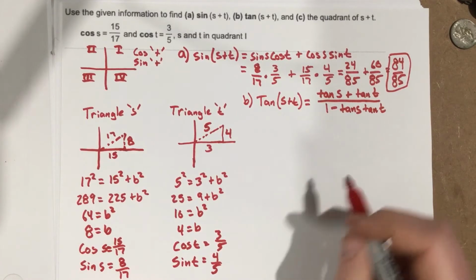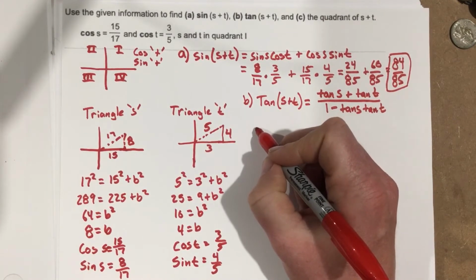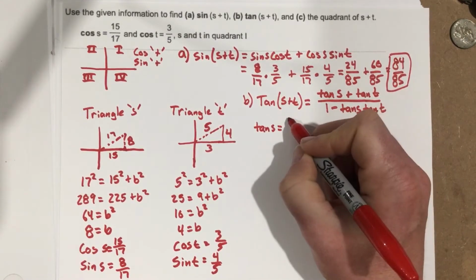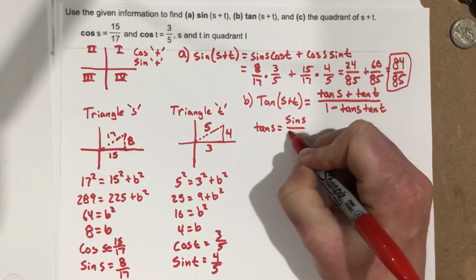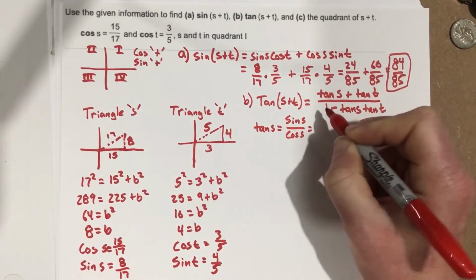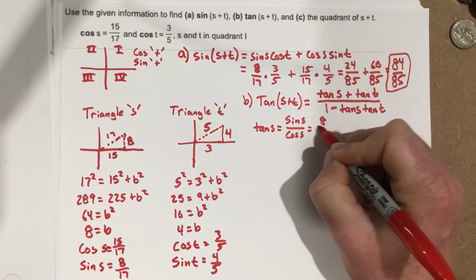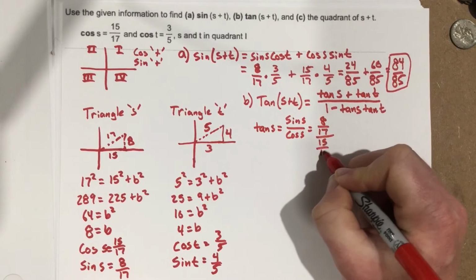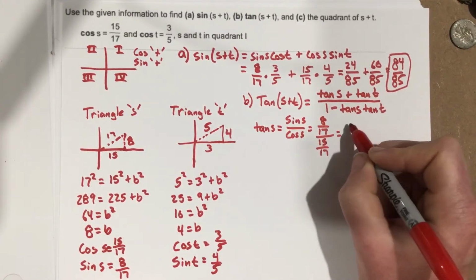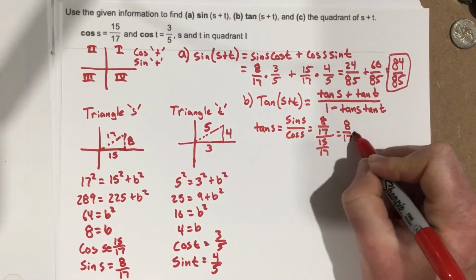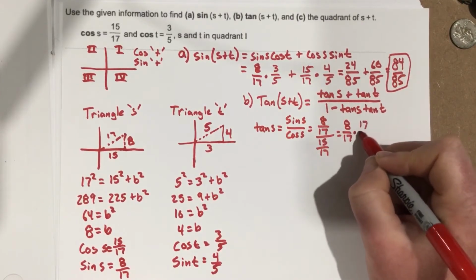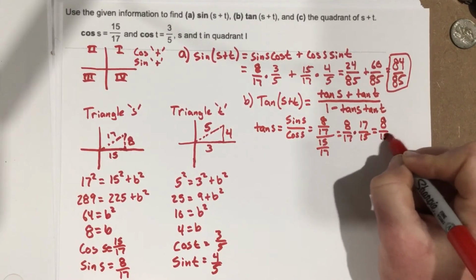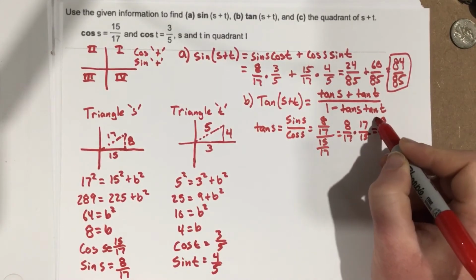Tan s equals sine s over cosine s, which is equal to 8 over 17 over 15 over 17, which is equal to 8 over 17 times 17 over 15 when you flip it, and that's 8 over 15. Okay, so now we know tan s is 8 over 15.